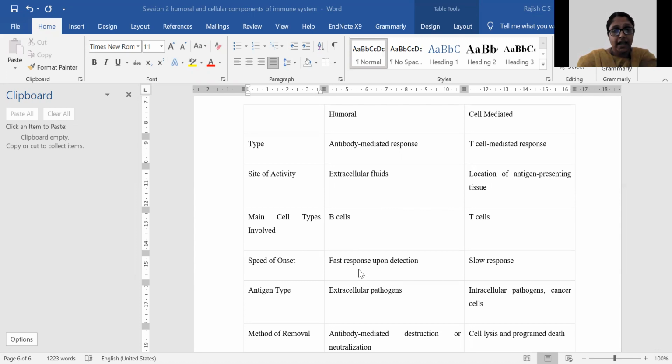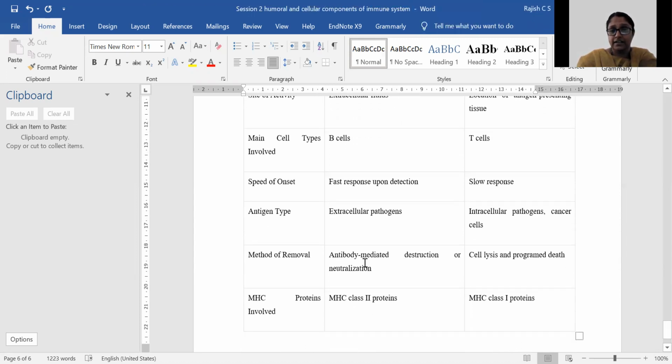The main cell types involved are B cells in humoral immunity and T cells in cell-mediated immunity. Humoral immunity is quite fast, as in it responds very fast upon detection, whereas cell-mediated immunity is much slower. The antigen type is mostly extracellular pathogens like bacteria in case of humoral immunity, whereas intracellular pathogens and cancer cells are the major types identified by cell-mediated immunity.